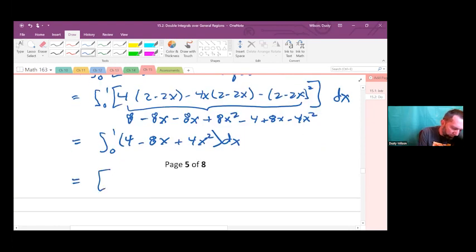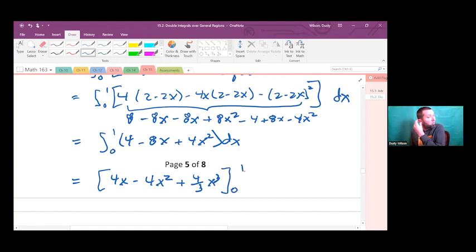So I have 4x minus 4x squared plus 4/3 x cubed on 0 to 1. At 0, all these are going to be 0, and so we'll have 4 minus 4 plus 4/3, or just 4/3.